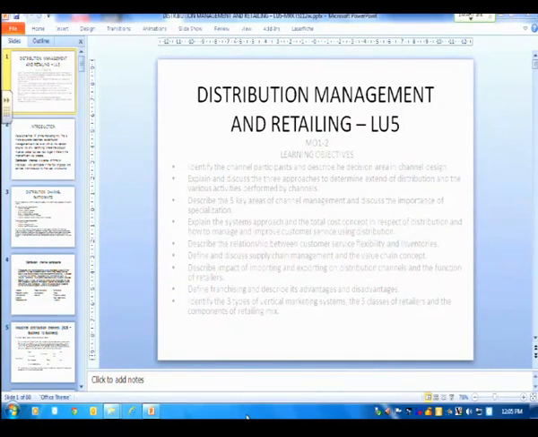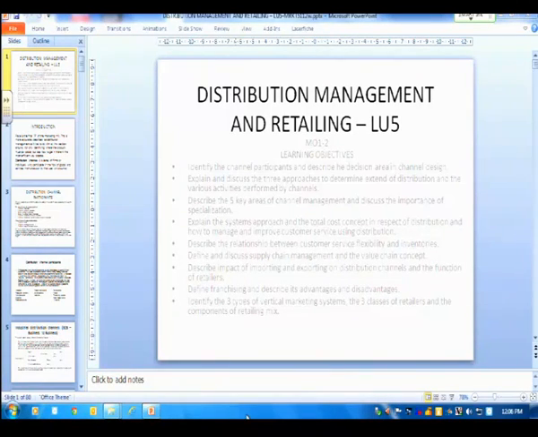We should be able to describe the relationship between customer service, flexibility, and inventories. We should be able to define and discuss supply chain management and the value chain concept. We should also be able to describe the impact of importing and exporting on distribution channels and the function of retailers.